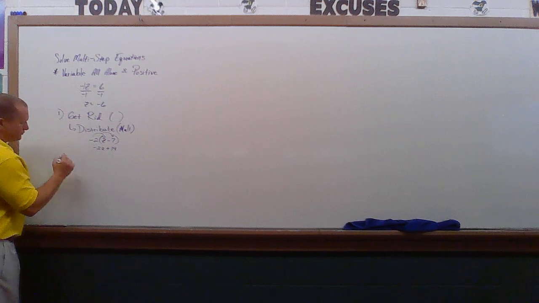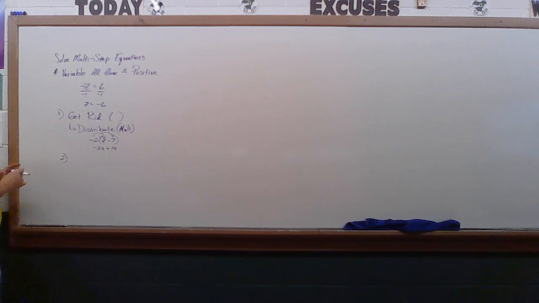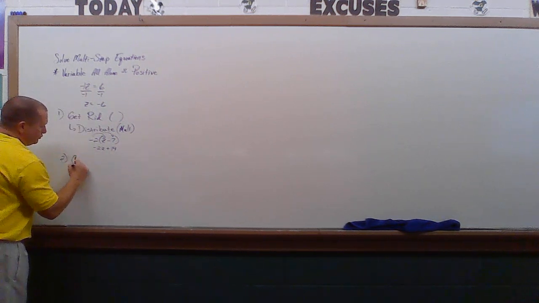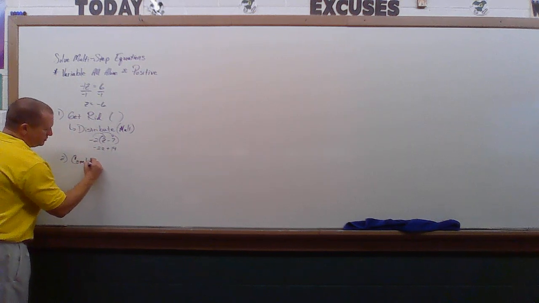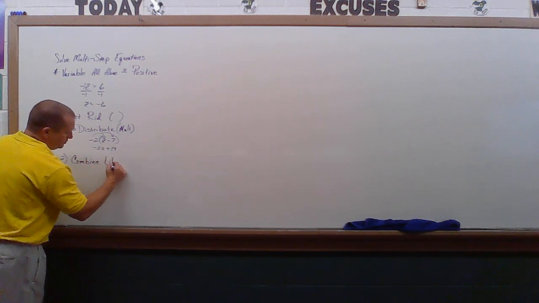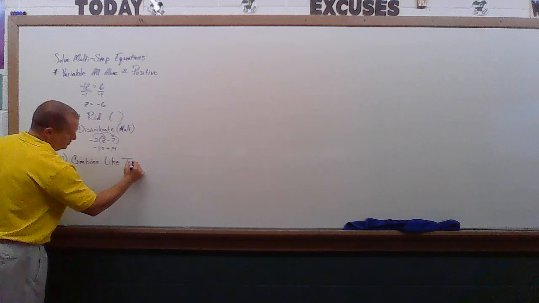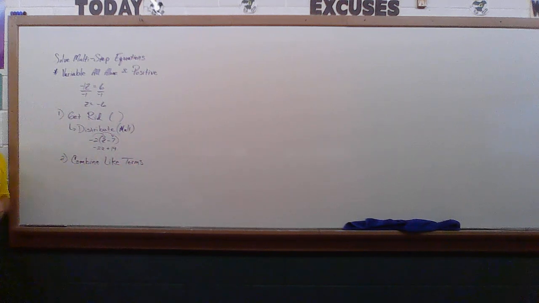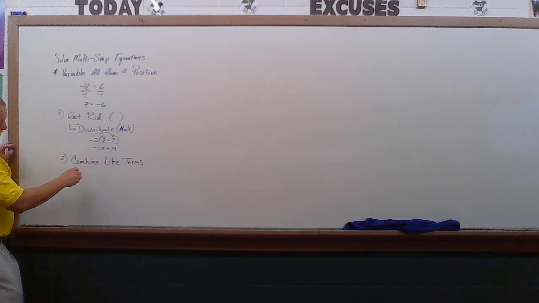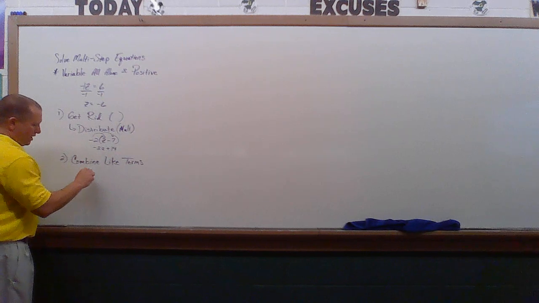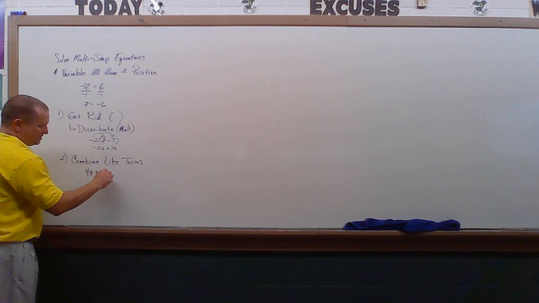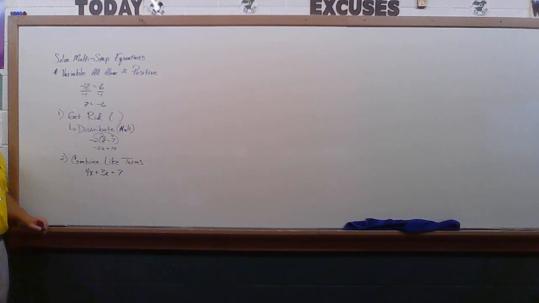Number 2, before we actually get to solving, you want to combine like terms. And we'll actually get into some of these today. Okay? When you combine like terms, today, they're going to be something like this. 4x plus 3x equals 7.